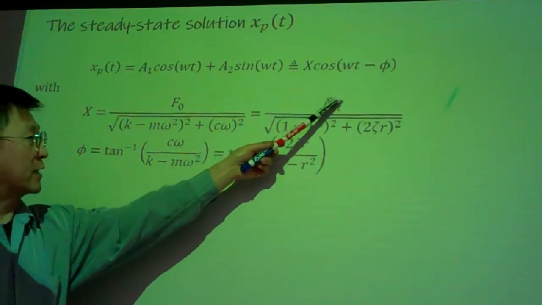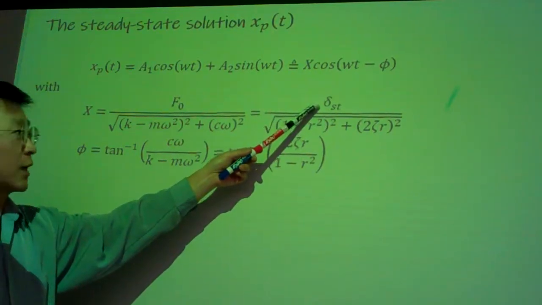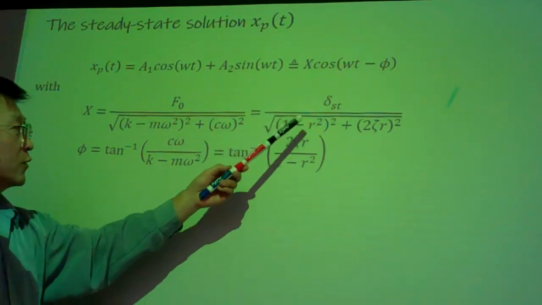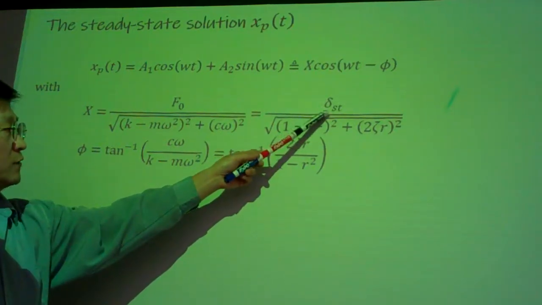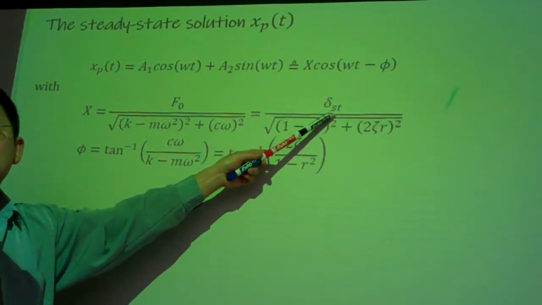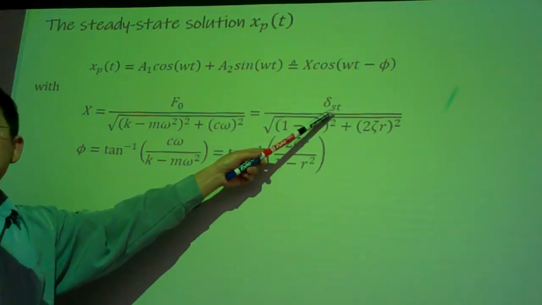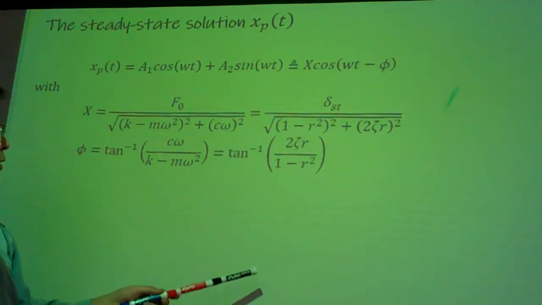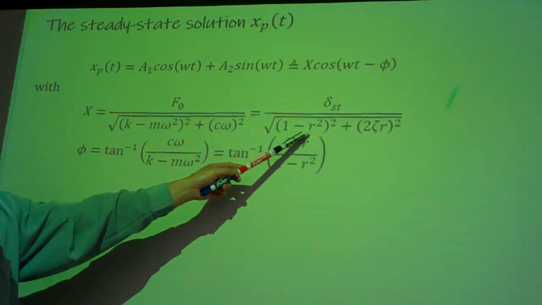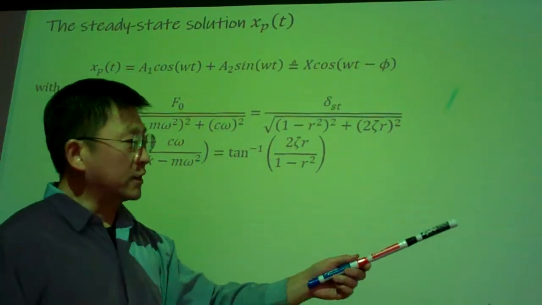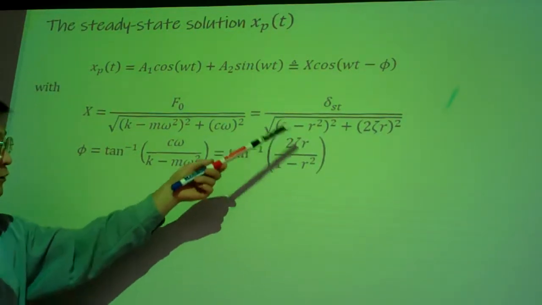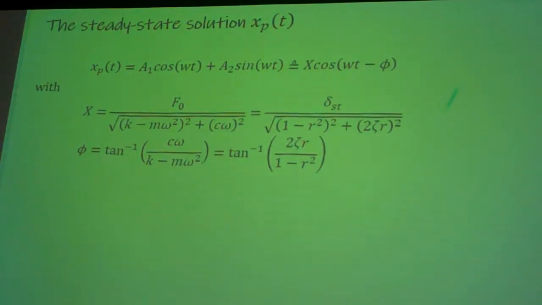This is called the static deflection, and by definition it is defined by F naught divided by K, the same as we used before. And R is the ratio of the frequencies, that is omega divided by omega n. So basically here we have a similar form.